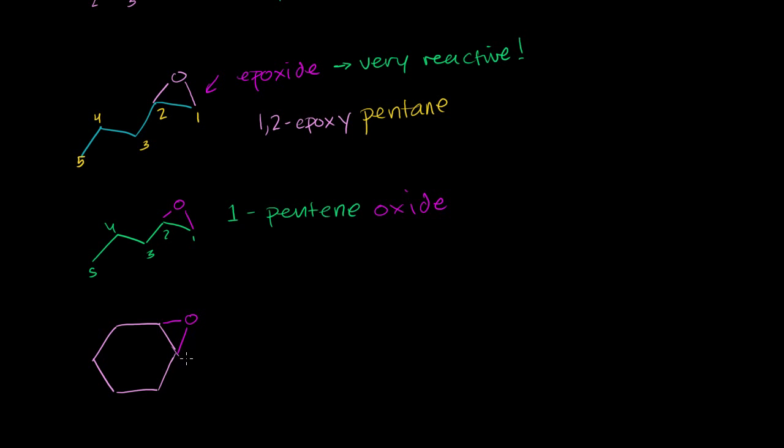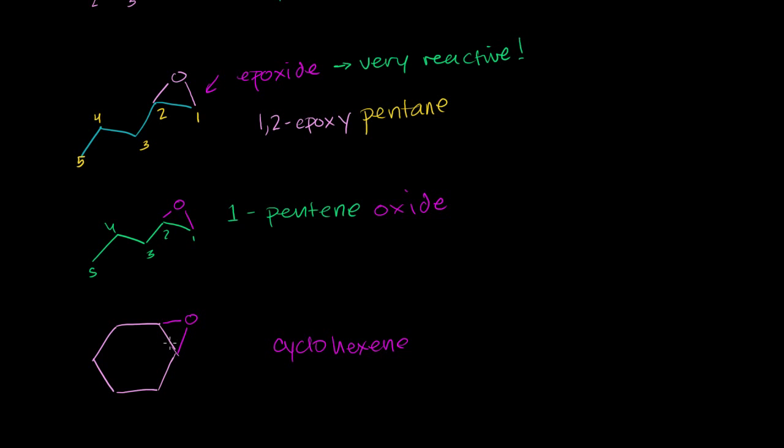So if we wanted to make it clear that this is an epoxide, we would essentially first pretend that this is just a double bond. If this was just a double bond, this would be cyclohexene. Cyclohexene, if this oxygen wasn't there and instead we just had a double bond here.